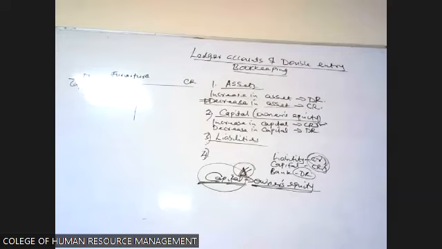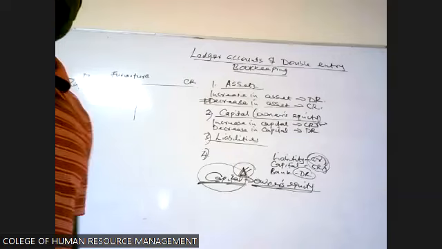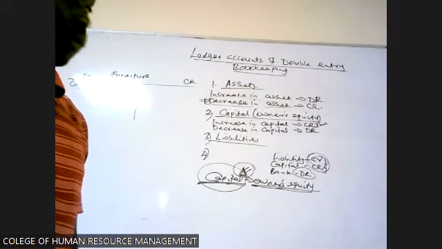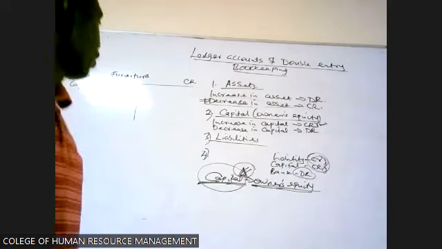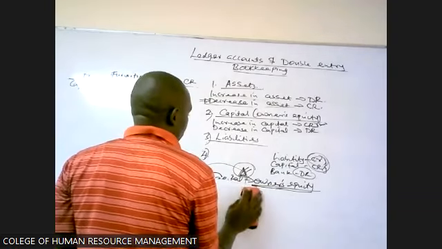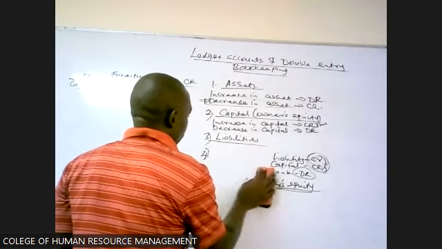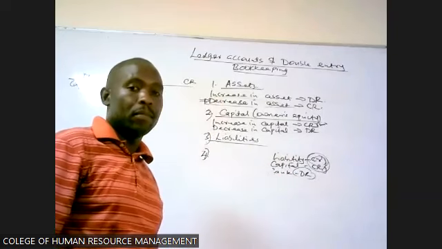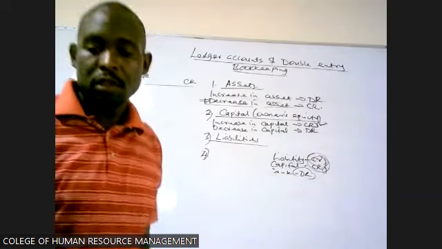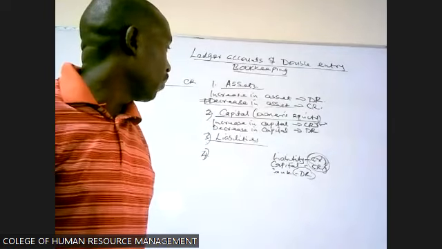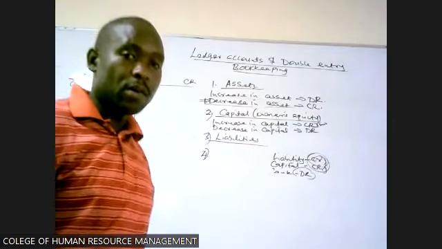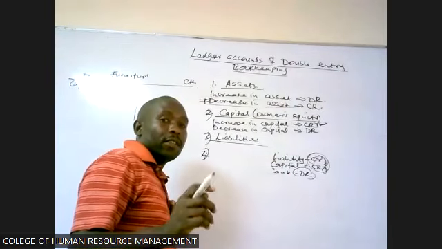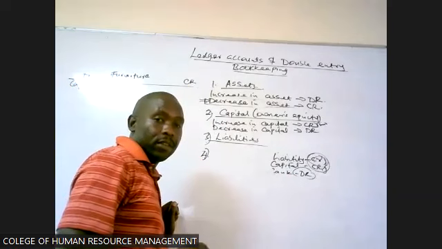Yes, somebody is saying something. Mwalimu, from that question, which accounts are affected? If you read the way the question was framed, first of all, there's the issue of borrowing.